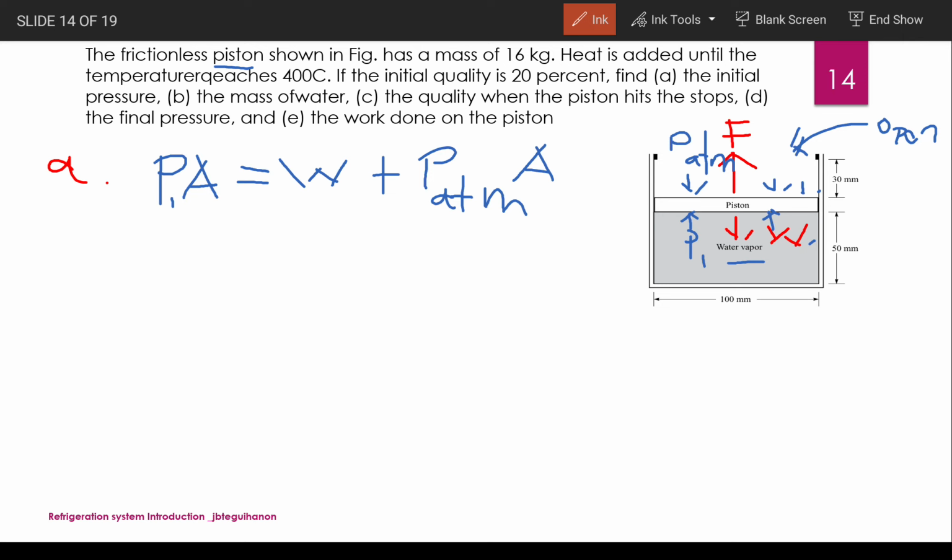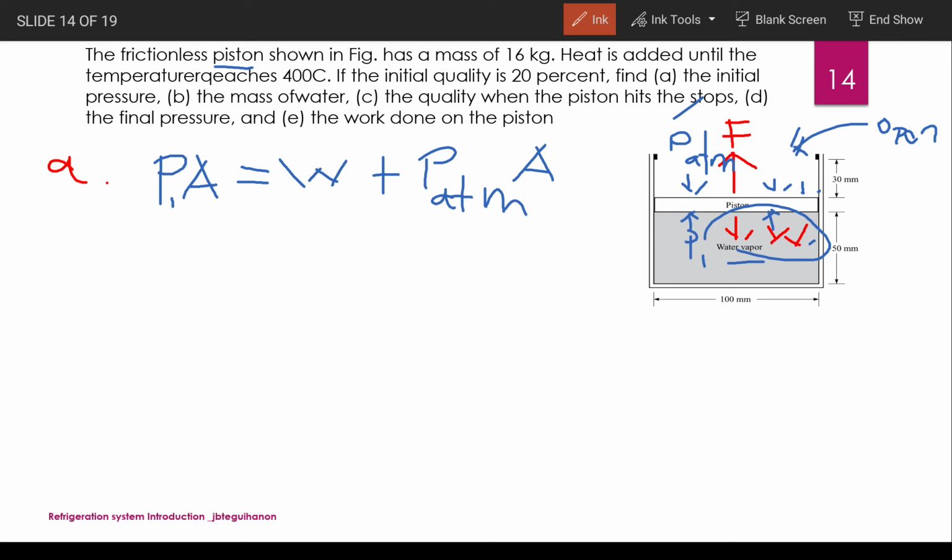This pressure P1 pushes the piston up, and your W is making the piston go down along with the P atm, but it is resisted by the pressure of the water vapor. That's why we equate them.